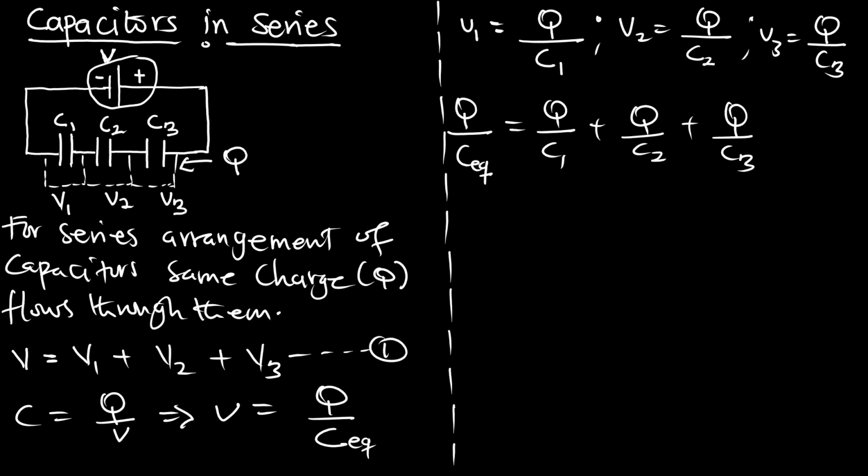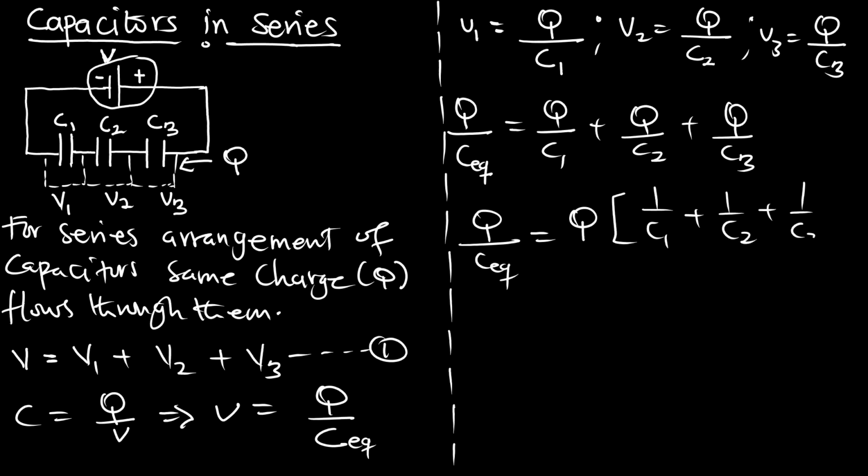When you look at the equation, we have a similar Q. So this is going to be Q on C equivalent equal to, I'll factorize the Q out, leaving 1 on C1 plus 1 on C2 plus 1 on C3.